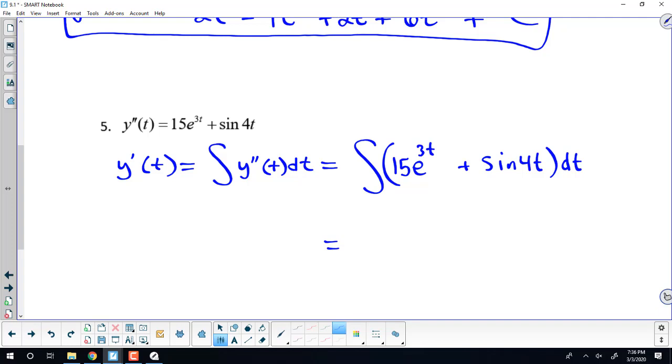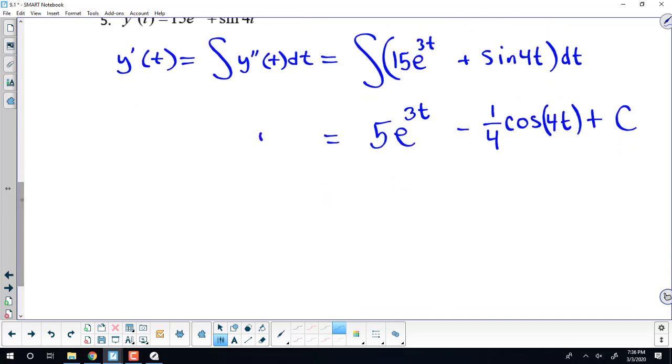Five e to the 3t minus 1 fourth cosine of 4t plus c. Do you agree? Alright. So it's a negative and positive. Yeah, because the derivative of sine is cosine, so the antiderivative is negative. So that's our y prime.